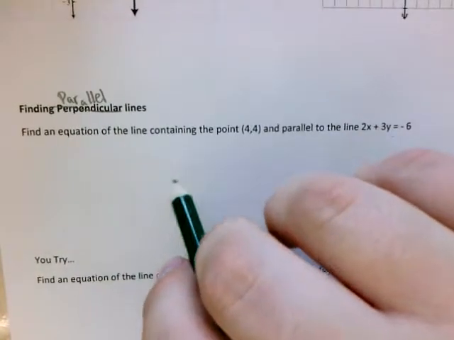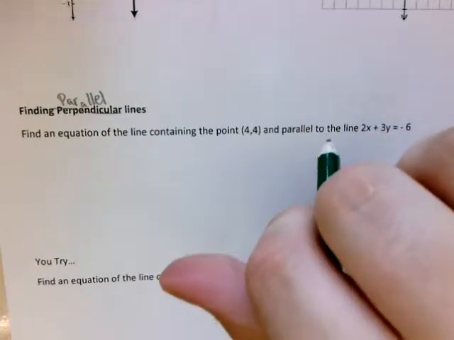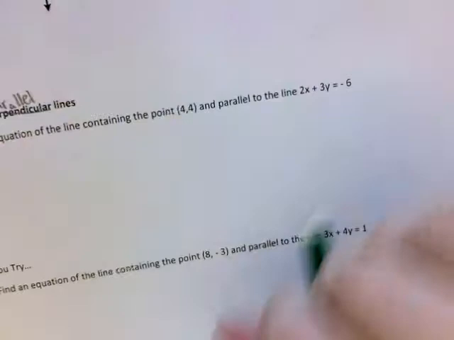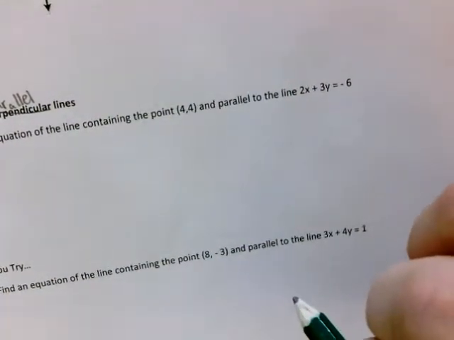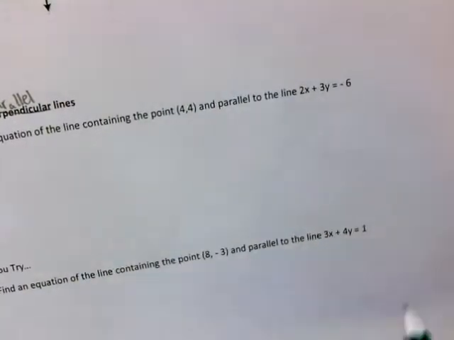So find an equation of a line, it gives you a point 4, 4, and parallel to this line. Alright, so it's in this format, so we don't know the slope. But what we do know about parallel lines is that they have the same exact slope, different y-intercepts.